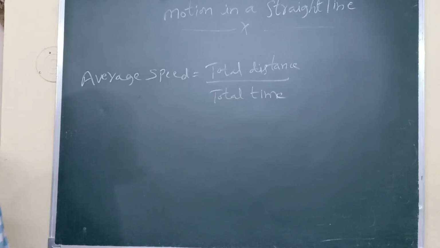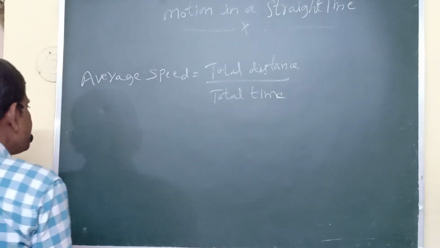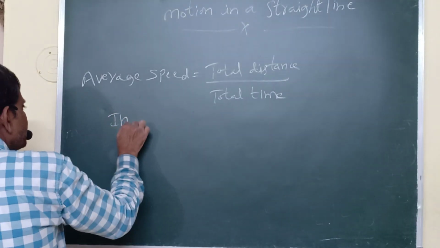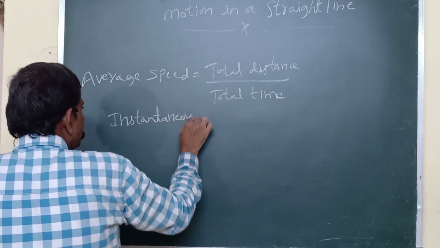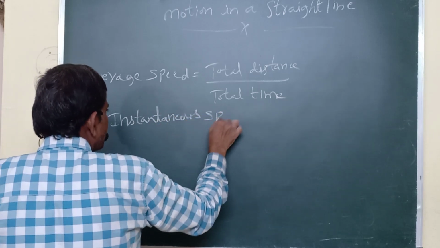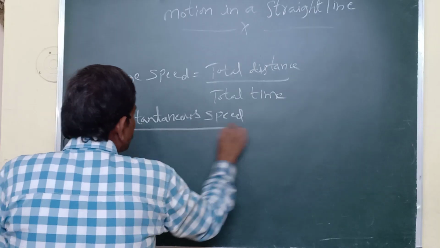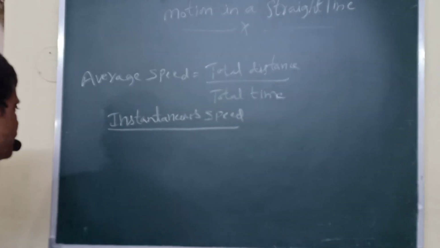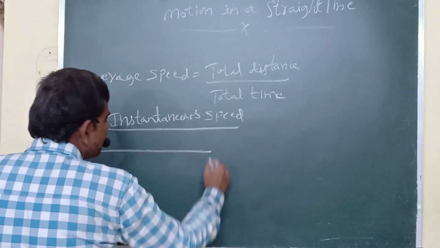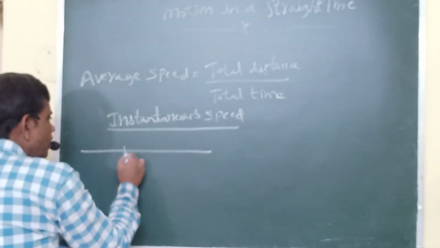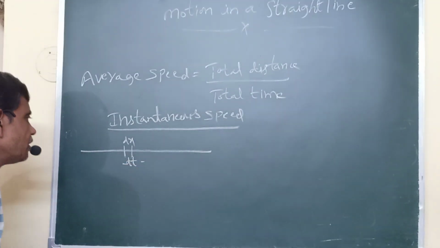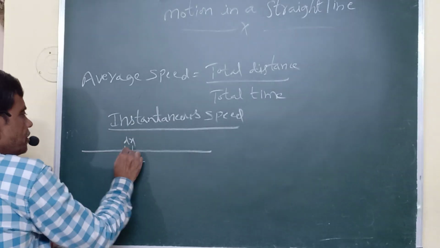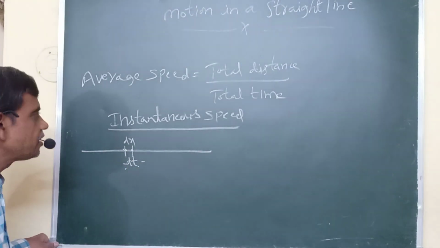Next, instantaneous speed. What is the instantaneous speed? For example, one particle traveling like this a very short distance in a short time interval.